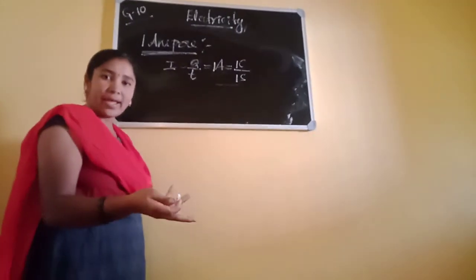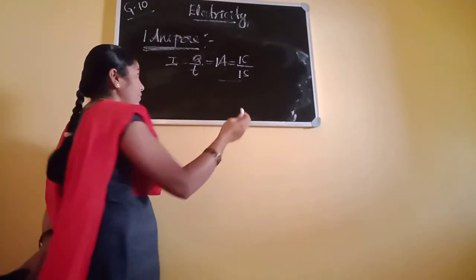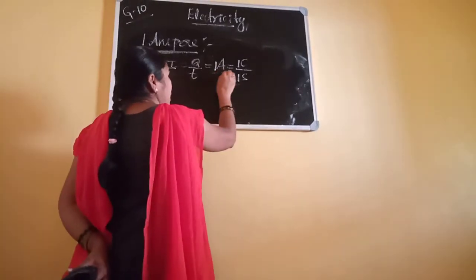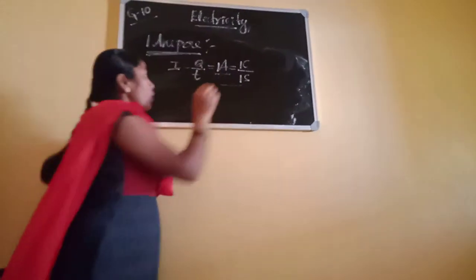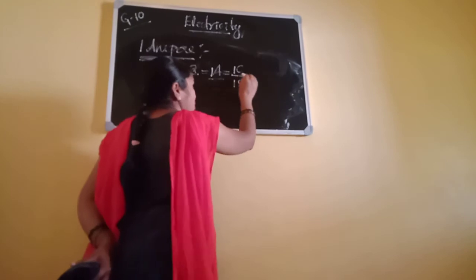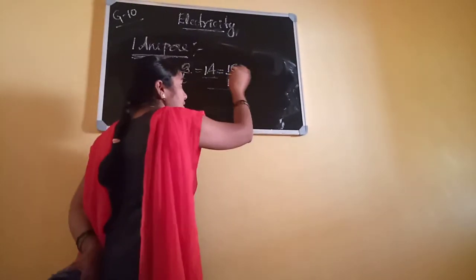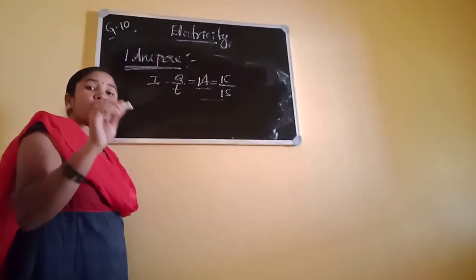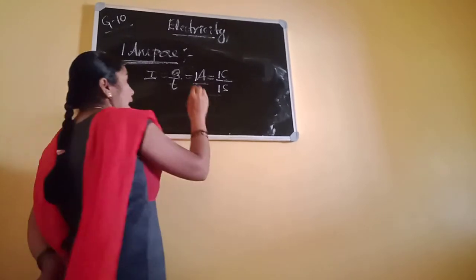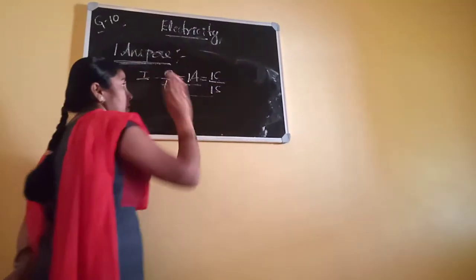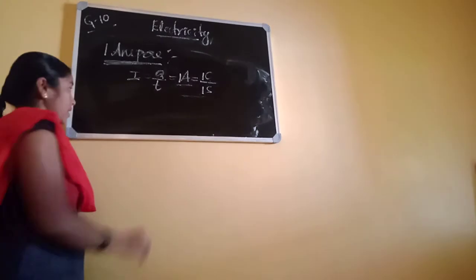This is called 1 ampere. I'll repeat once again. 1 ampere is said to be 1 coulomb of charge flowing through the circuit in 1 second.